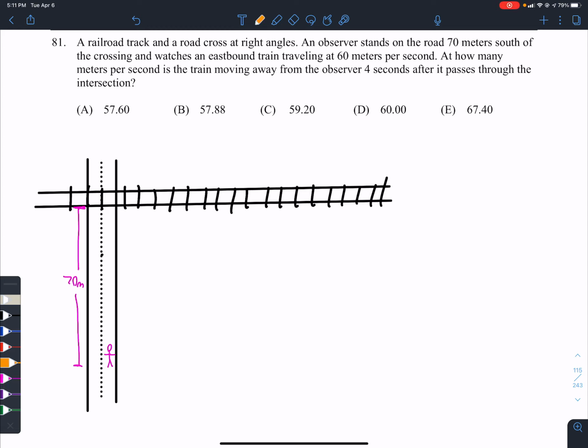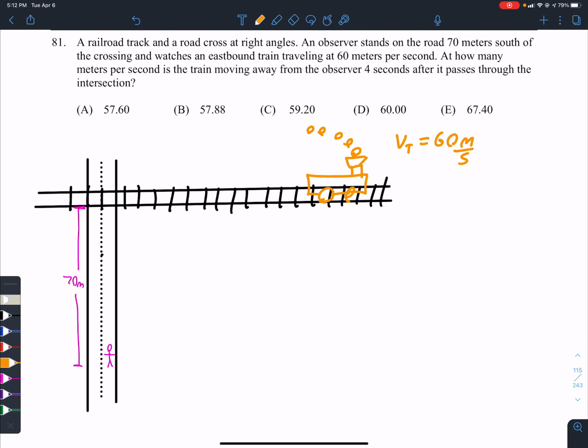So there's a train traveling towards the east. So there's the train traveling east. The velocity of the train, they tell us, is 60 meters per second. And that's a rate.